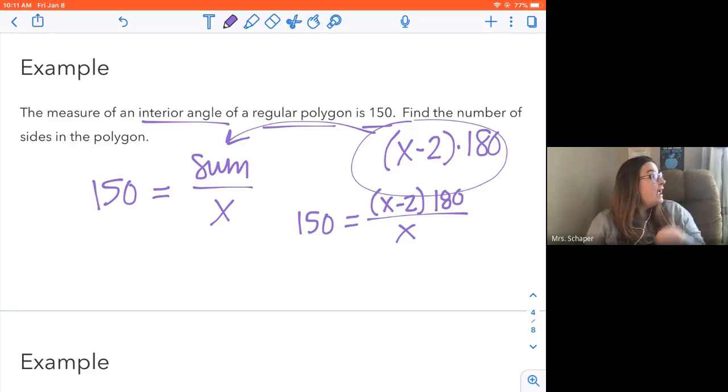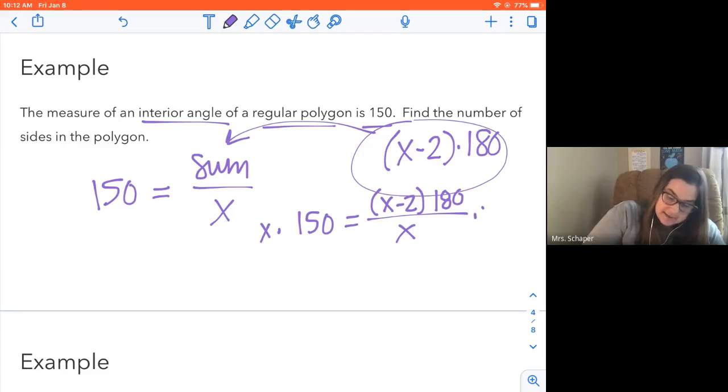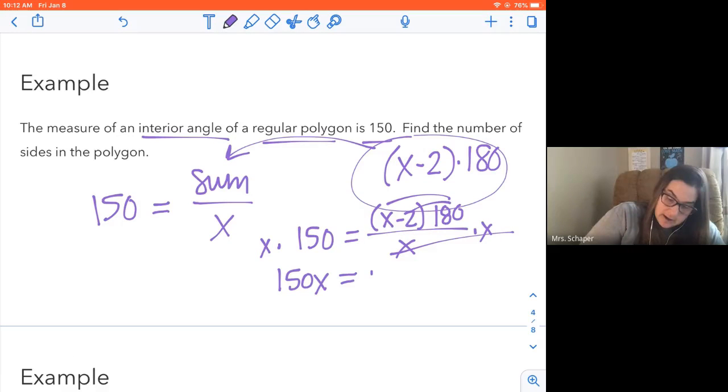Okay, so I have an equation with only one variable, and now I can solve it. I'm going to multiply both sides by x because I want to cancel my fraction: 150x is equal to, distributing, 180x minus 360.